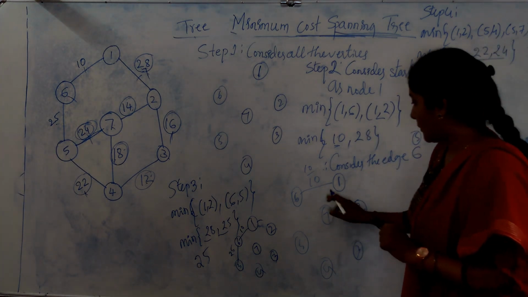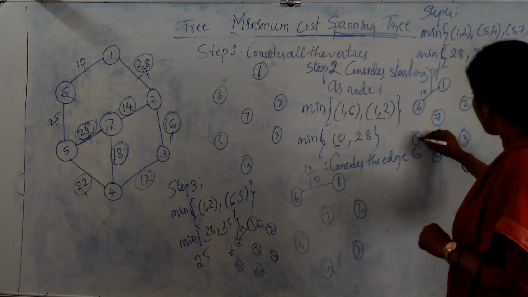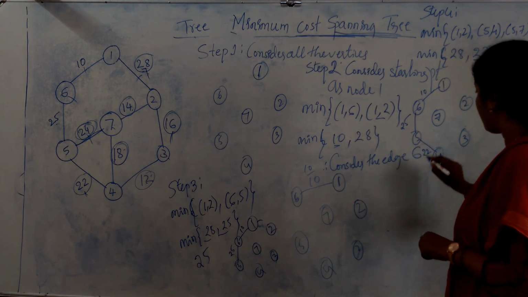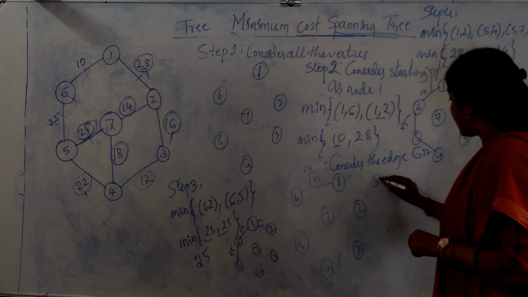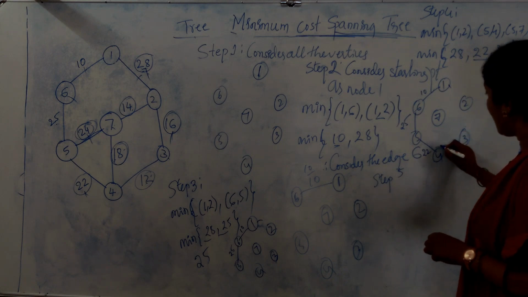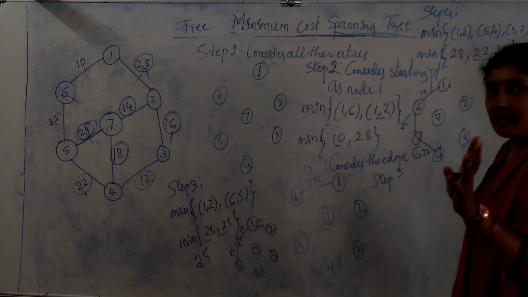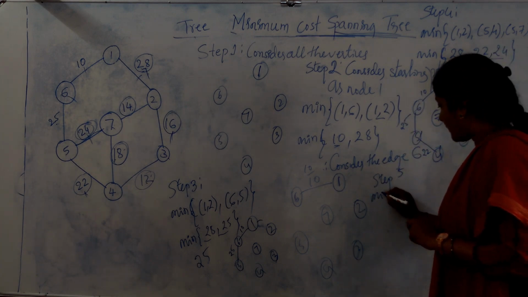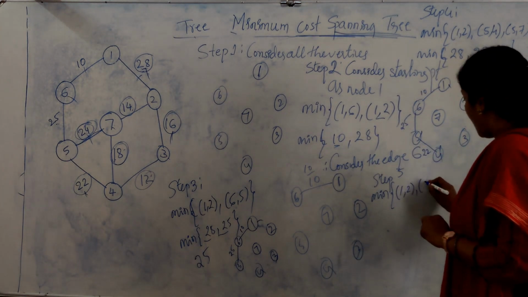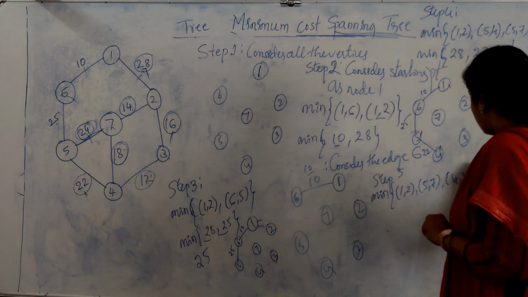Okay. So in the step 2, 1, 6 is connected. Then next 6 to 5 is connected. Now 5 to 4 is connected. Okay. Next step 5. Now we are having edge 1, okay, and 4, then 5. These 3 vertices we need to consider now. So here minimum of 1, 2, then 5, 7, then 4, 3.